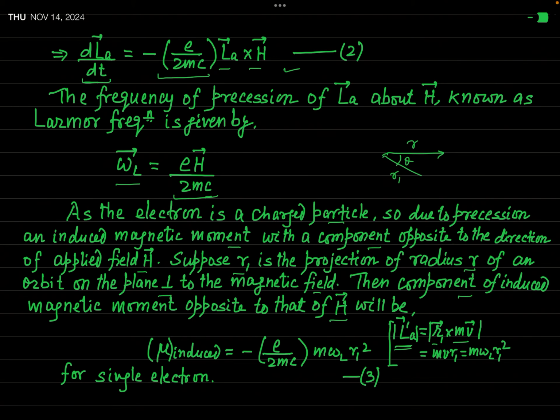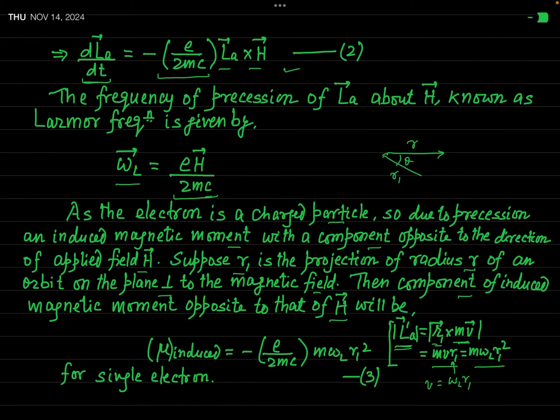Now the angle between R1 and MV is 90 degrees, so the modulus of R1 cross MV will be simply MV R1. But V is the linear velocity, and that will be equal to omega L times R1. So when you substitute this value here, the magnitude will be equal to m omega L R1 square.